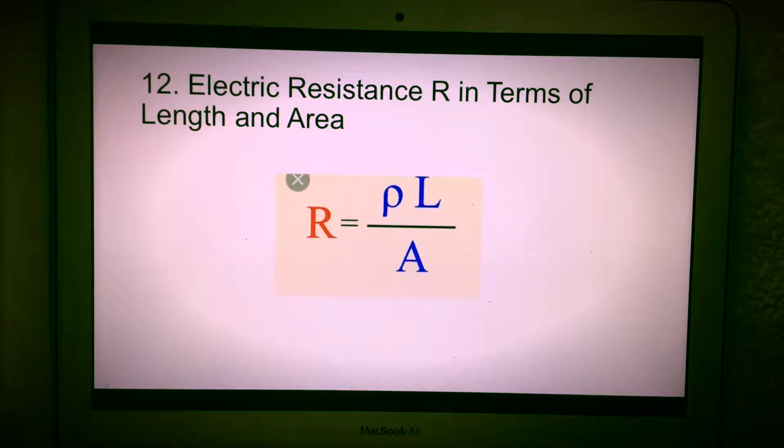Here's the formula: R equals rho L over A. Rho is a constant for different materials, L is the length, and A is the cross-section area. So if the length is longer, the resistance becomes bigger. If the area becomes bigger, the resistance becomes smaller.